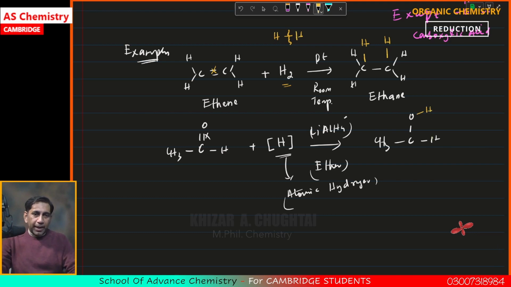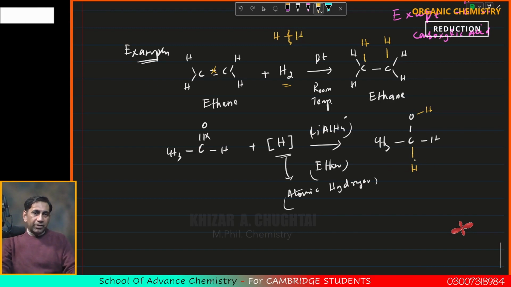One hydrogen will be attached with oxygen, and one hydrogen will be attached with the carbon. So this is the final shape or the compound of reduced form of aldehyde.